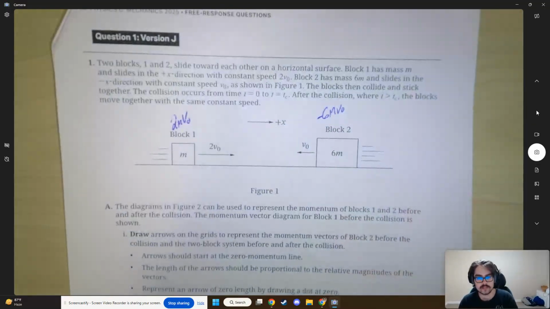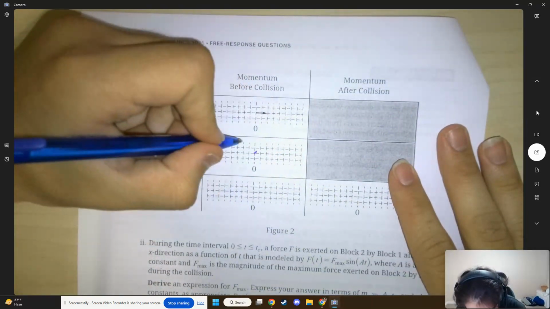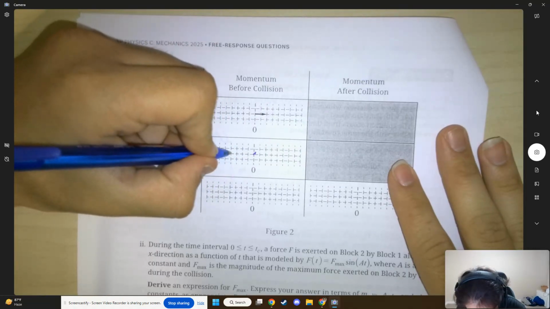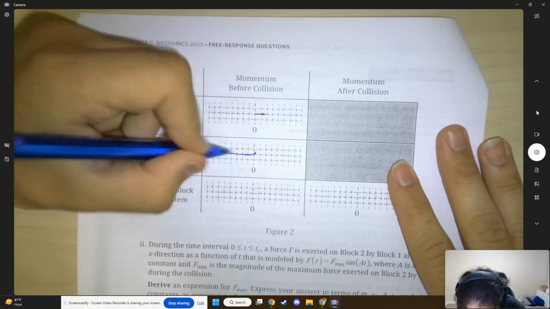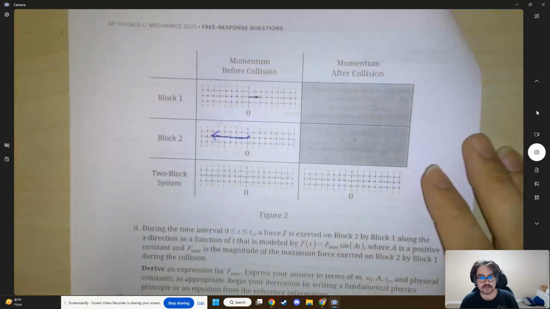So block 2 should go to the left 1, 2, 3, 4, 5, 6. It should look something like that, going straight to the left.